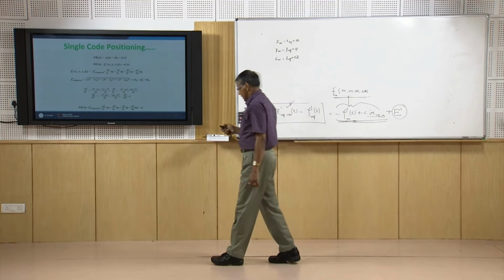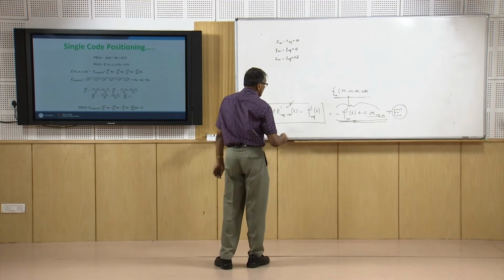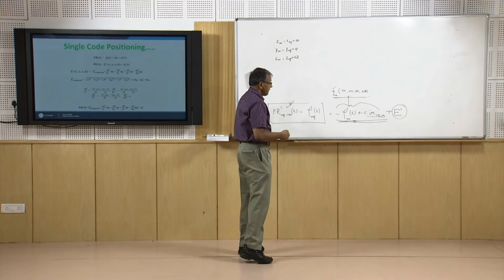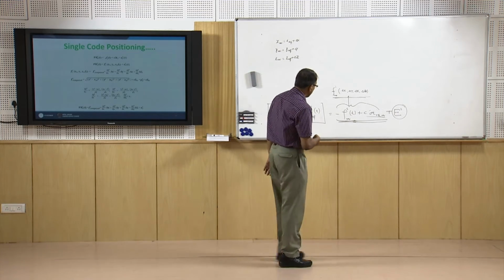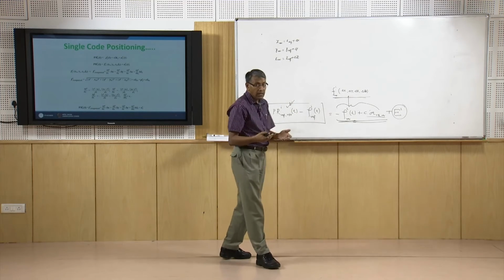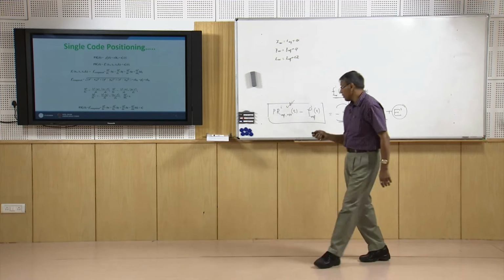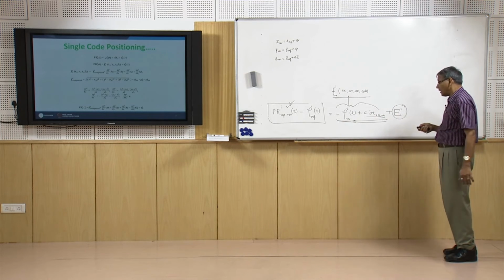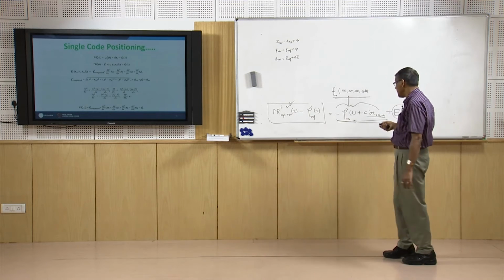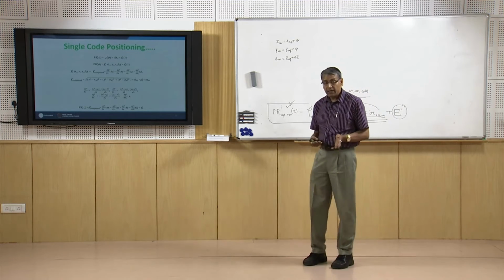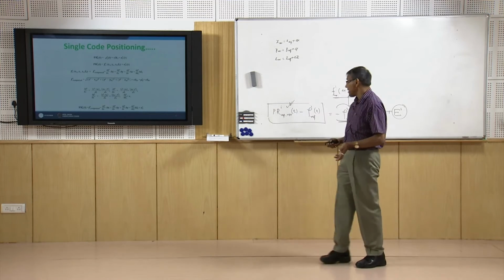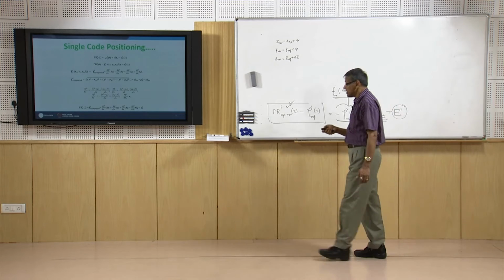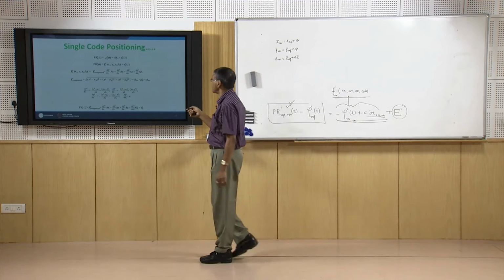So, now we have to convert this to a linear function: first we have to linearize it and develop a linear model, then we will solve it by the least square method. This nonlinear equation first has to be linearized, then a linear model developed, then we go for least square analysis as we did in single code positioning.